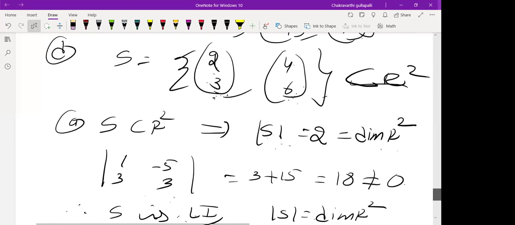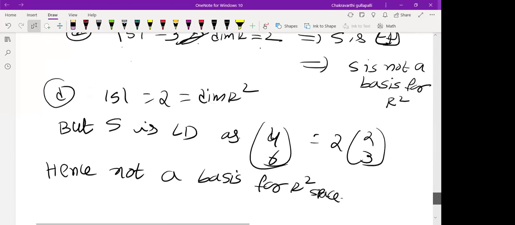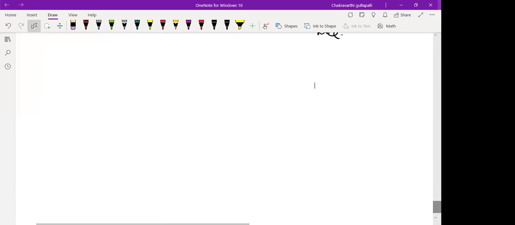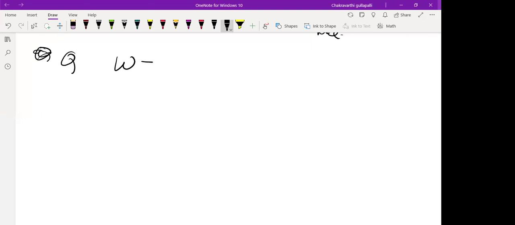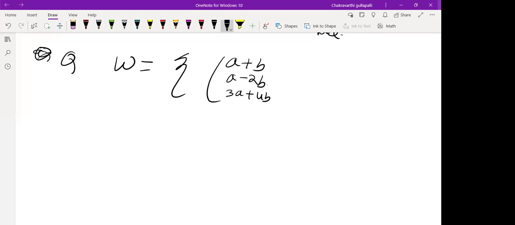Solve the 4 questions. Okay, so this is the advantage. The other day someone said that if it contains more vectors than the dimension, then automatically it is a basis. I did not use the second property. I will use W equal to the set of all (a+b, a-2b, 3a+4), where a, b are real.